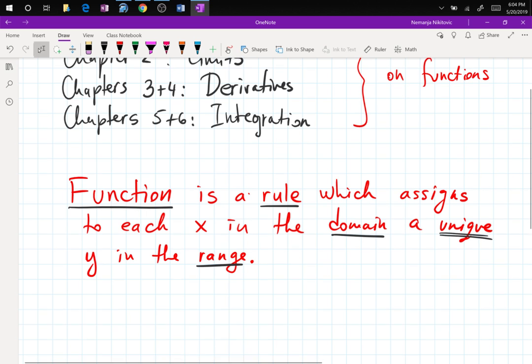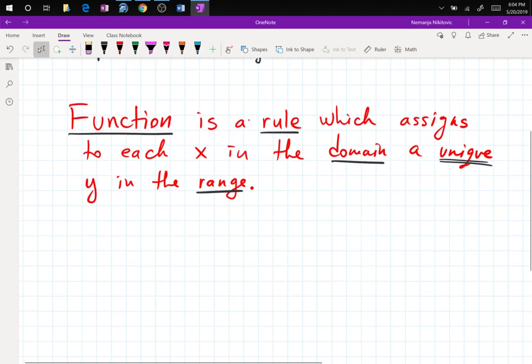Exactly. So now, what does that mean? You are going to have a set, the input set, which is called domain.